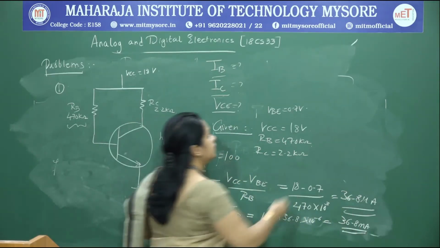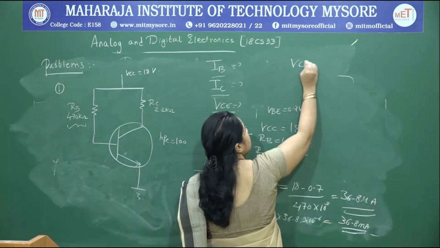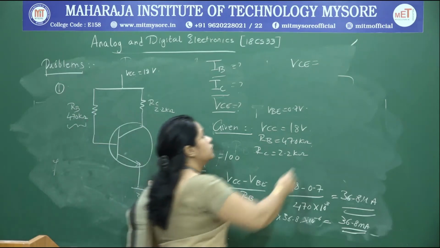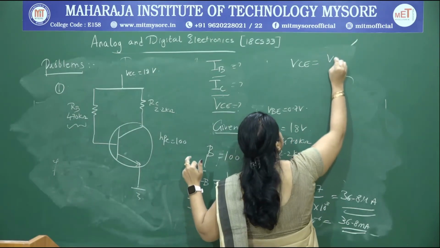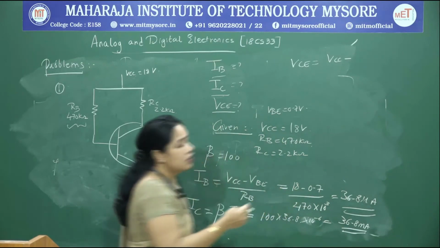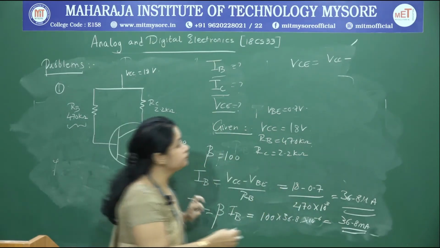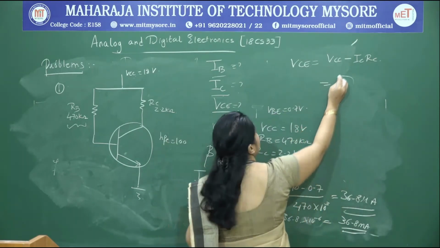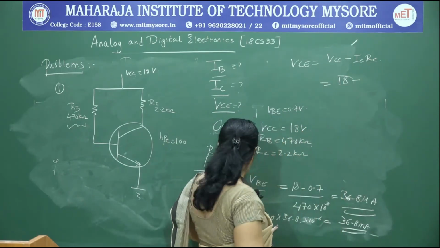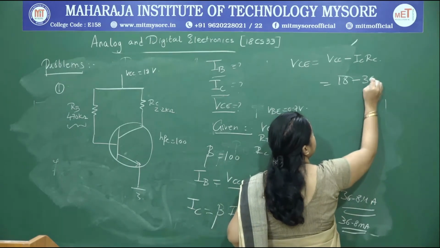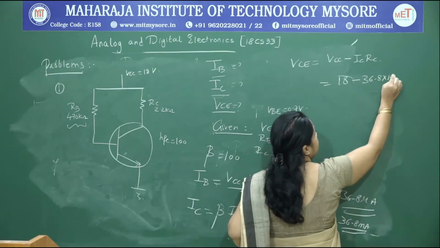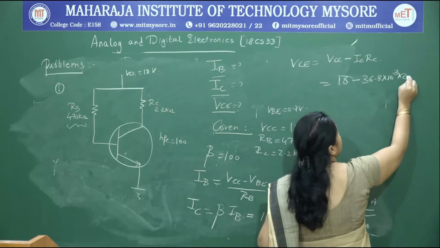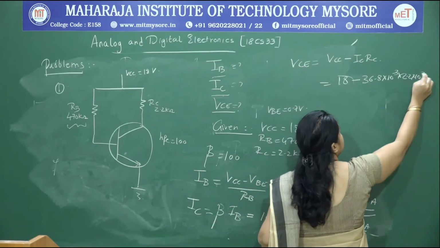Now I need to determine VCE. VCE is obtained by applying KVL to the output section. So it is going to be VCC minus IC RC. VCC is 18, and the calculated value of IC is 36.8 milli, that is 10 power minus 3, into RC, which is 2.2 into 10 power 3.